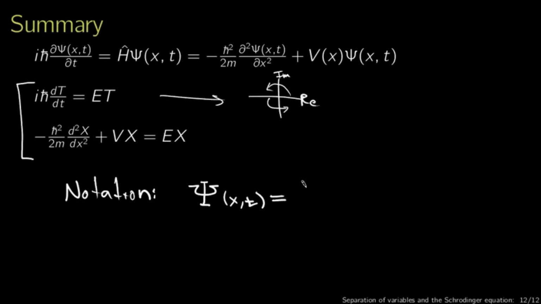And when they do separation of variables, they re-express this as lowercase psi as a function of position and lowercase phi as a function of time. For this, I used capital T of t and capital X of x, because I have a better time distinguishing my capital letters from my lowercase letters. You saw how long it took me to write that symbol. I'm not very good at writing capital psis.